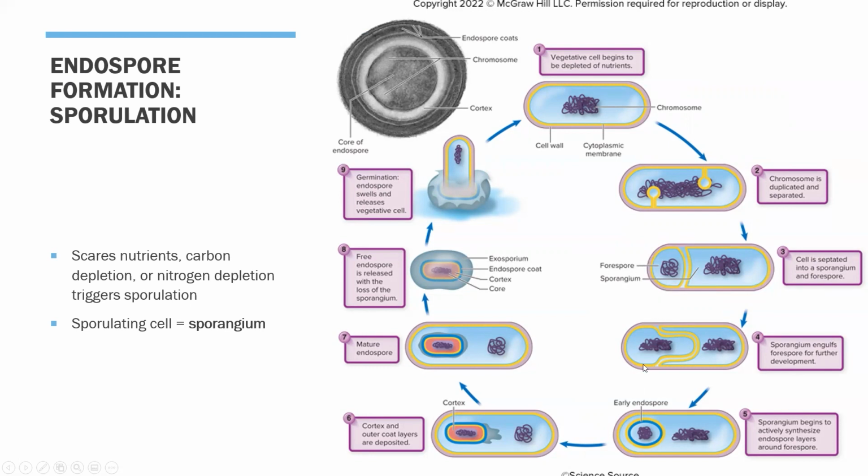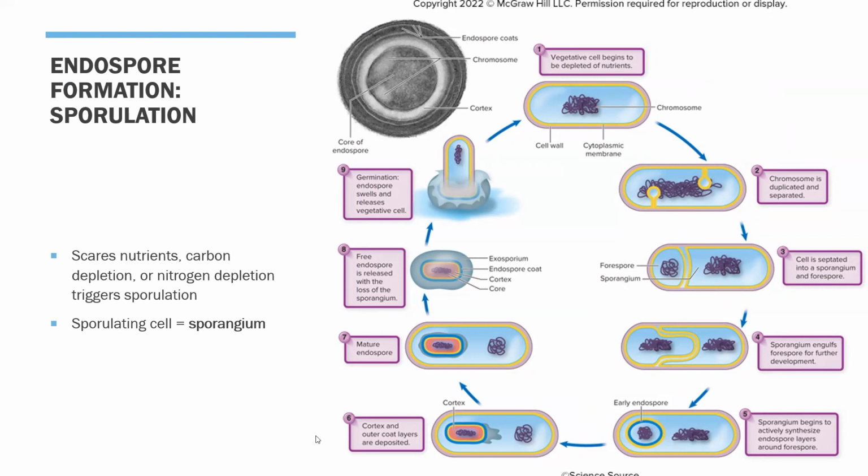The sporangium will engulf the forespore so that it's fully encapsulated inside of the cell. And it will begin in step 5 here to synthesize layers of extra protection around the endospore. So basically it's like wrapping it in bubble wrap and putting it in a box, trying to hedge its bets to really preserve the endospore and its genetic material.